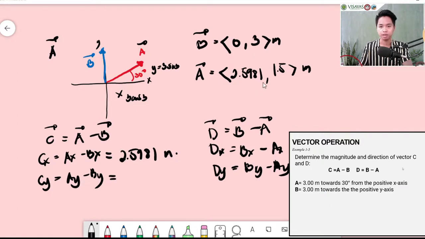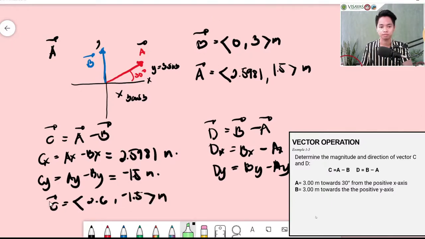AY minus BY, that would be 1.5 minus 3, that would be negative 1.5 meters. So therefore, your vector C has a component form of, 2.6 na lang, ako i-round off, 2.6 and negative 1.5. The unit is in meters.